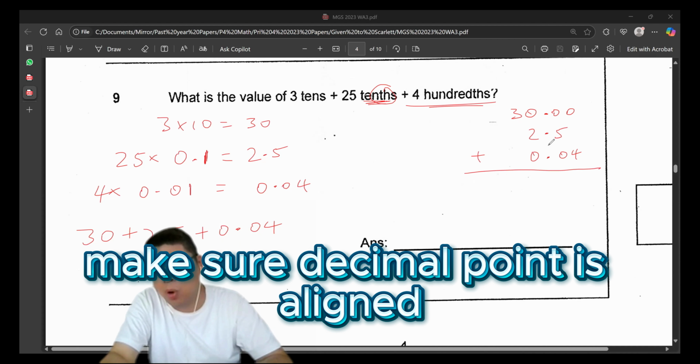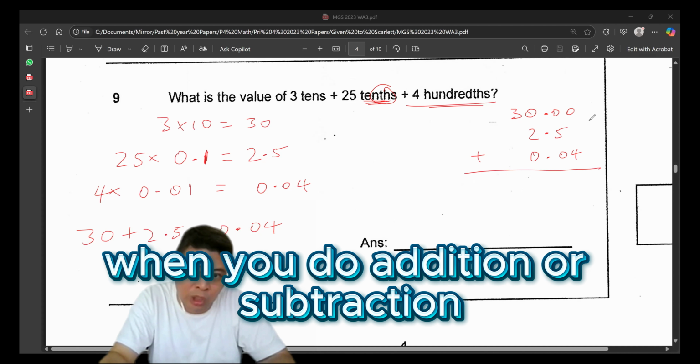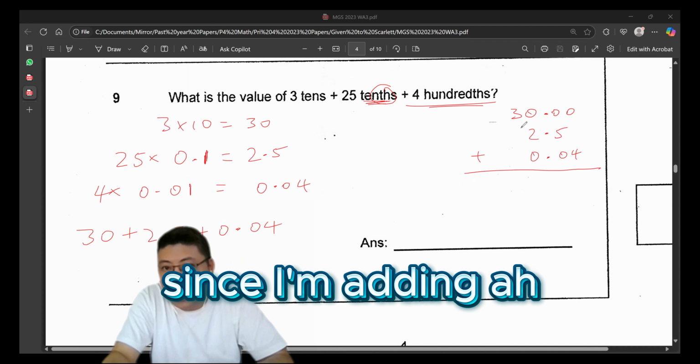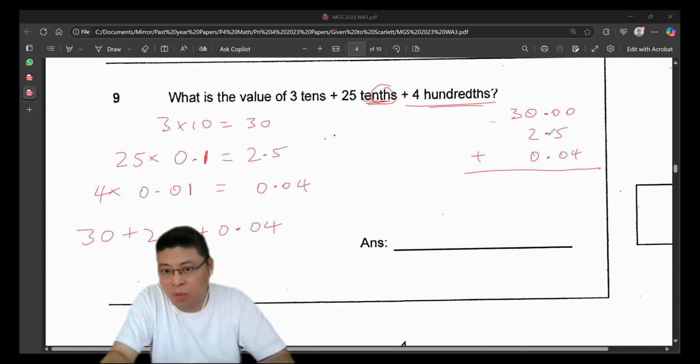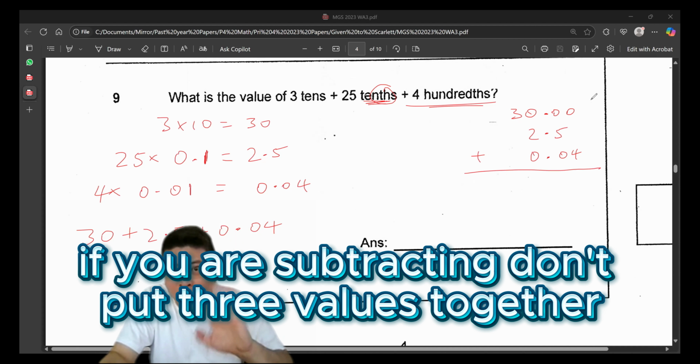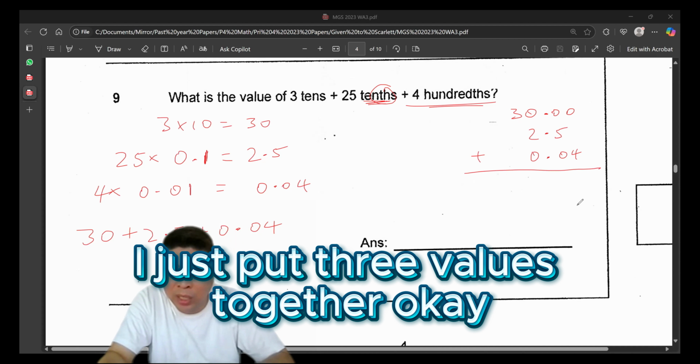The other thing is to align the decimal point. Make sure the decimal point is aligned when you do addition or subtraction. Since I'm adding, I can put 3 values together. If you are subtracting, don't put 3 values together. Because I'm adding, I just put 3 values together, okay?